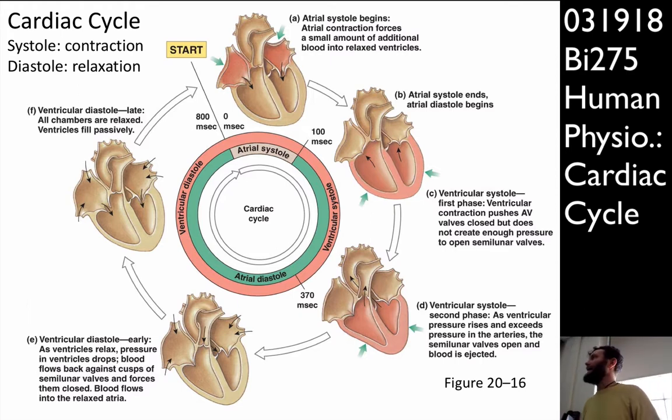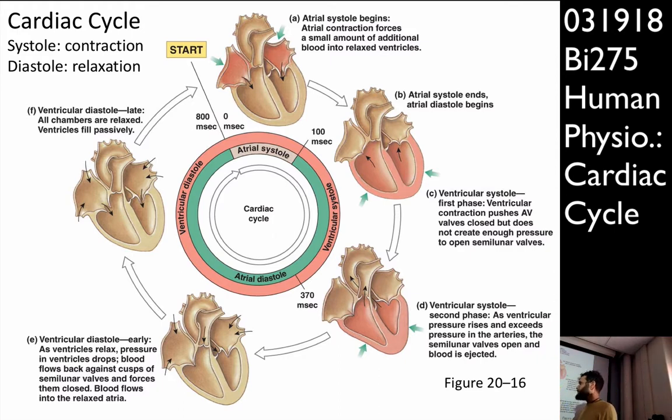It's working against the blood pressure in the pulmonary and aortic circuits. As soon as the pressure here matches these, then we move on to the second phase of ventricular systole, where the pressure in the heart exceeds that of the aorta and the pulmonary trunk, and blood is able to push its way past the semilunar valves, the aortic and the pulmonary valves, to enter those vessels.